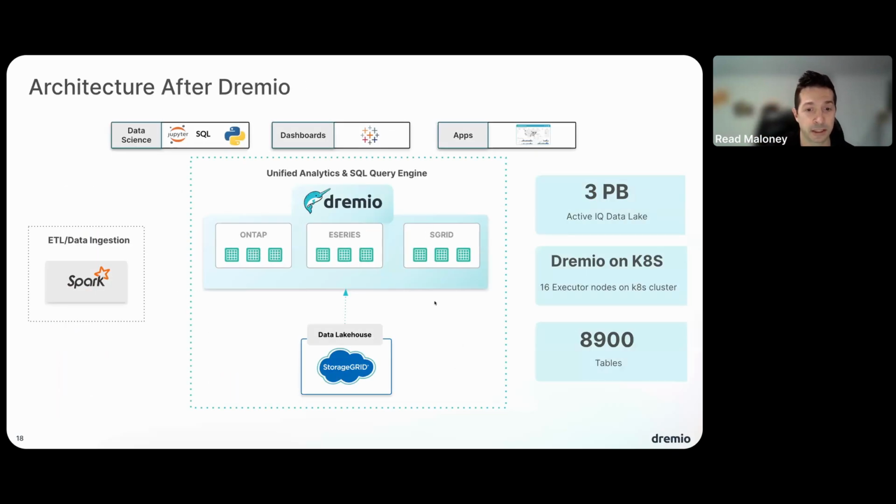They used their product called StorageGRID, and they consolidated and moved over. They now have 3 petabytes of data in their ActiveIQ data lake, with about 9,000 tables that they're running. This is how they've set up their overall architecture to support their business.